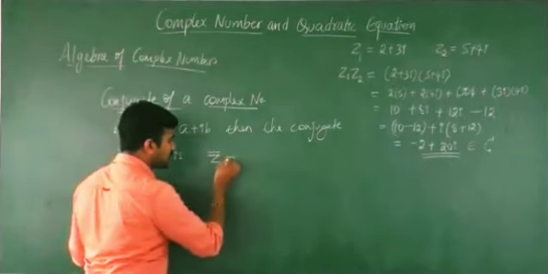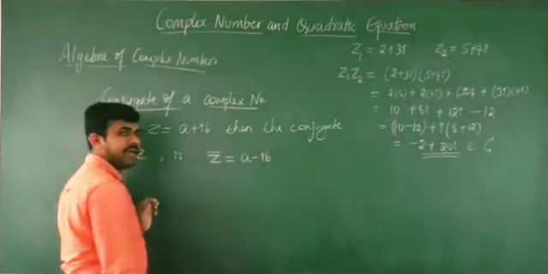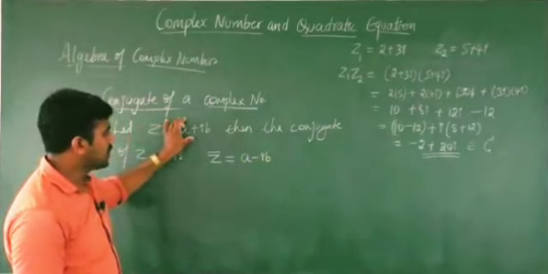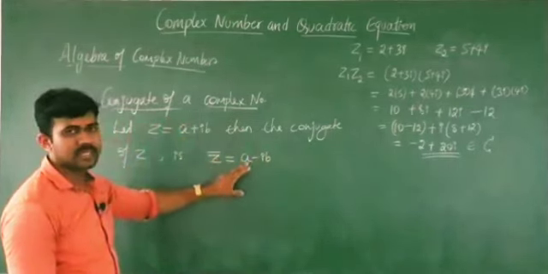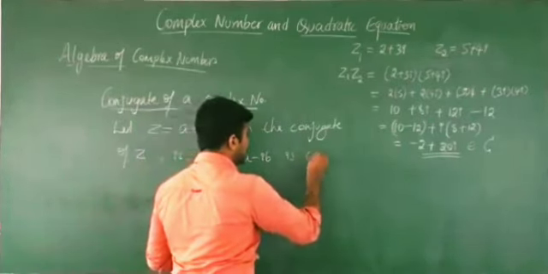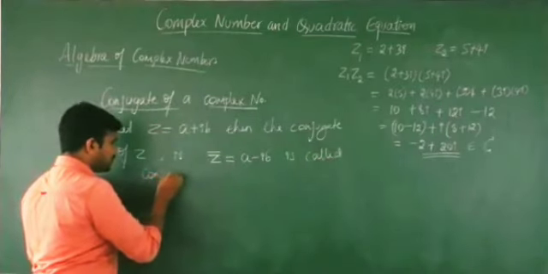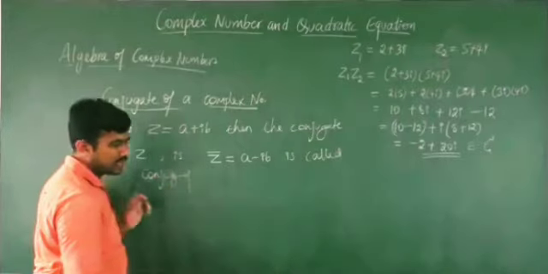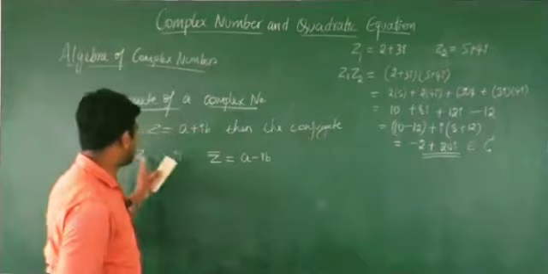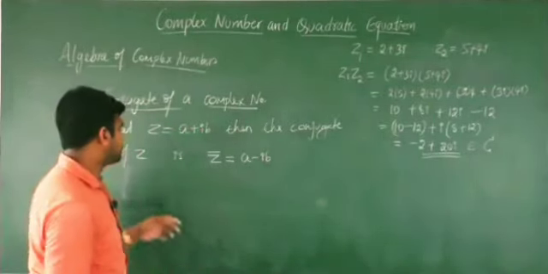Z bar is nothing but a minus ib. This is the complex number they gave. Its conjugate, that is a minus ib, can be denoted by z bar, and is called the conjugate of z. Conjugate of z is nothing but z bar is equal to a minus ib.